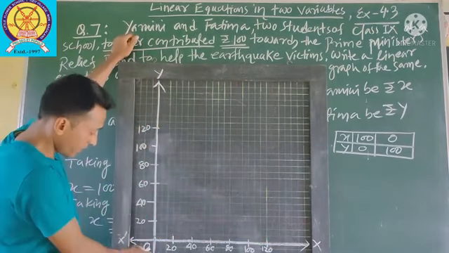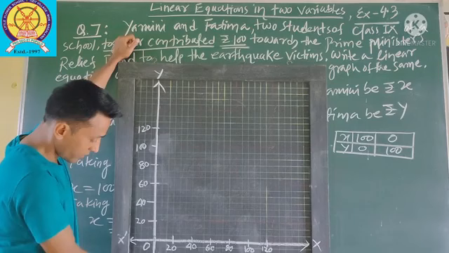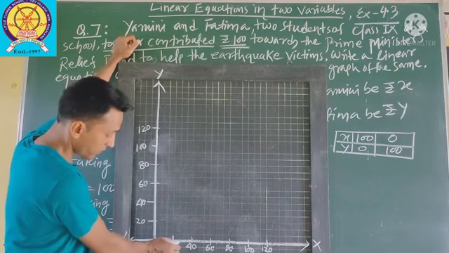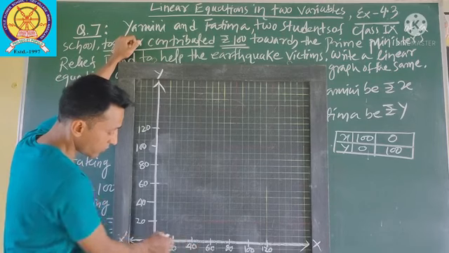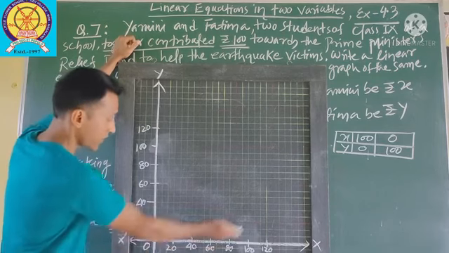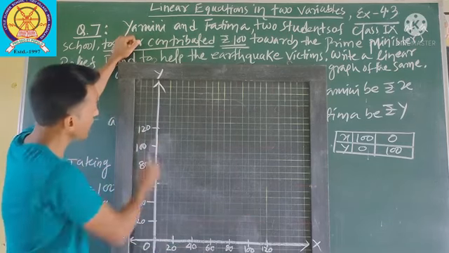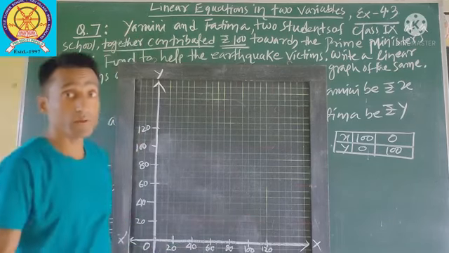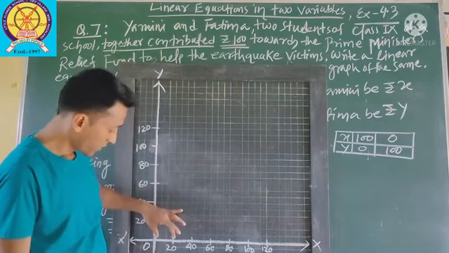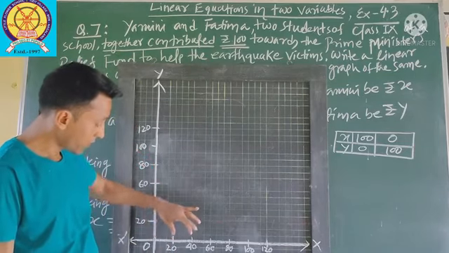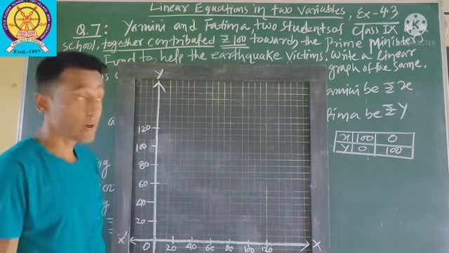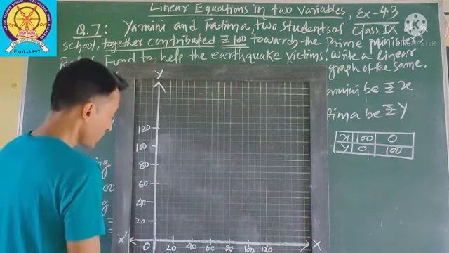I have taken 3 small squares as 20 units, on both axes. So in your graph book you take 10 small squares as 20 units in the x axis and y axis.